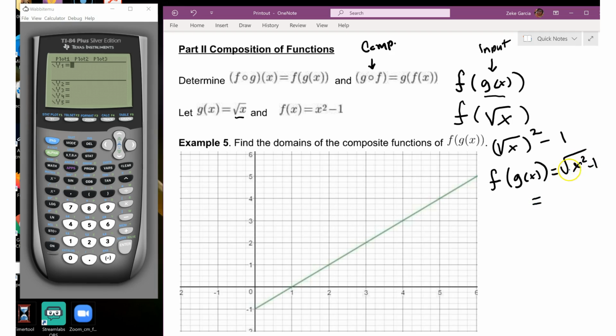Remember, the square root of x squared gives you x minus 1. And you notice that we start at x equals 0. And there is a reason why we don't go to the left of 0. And we'll talk about it right now.